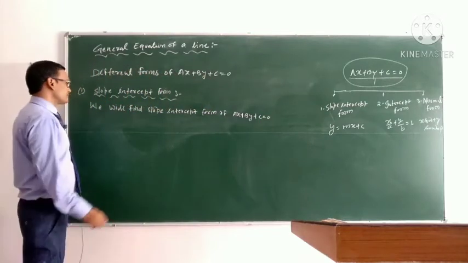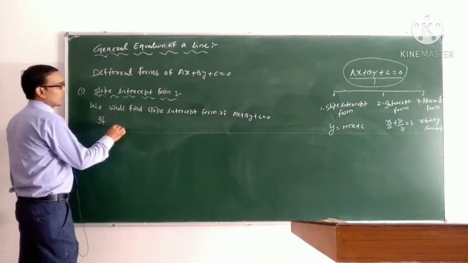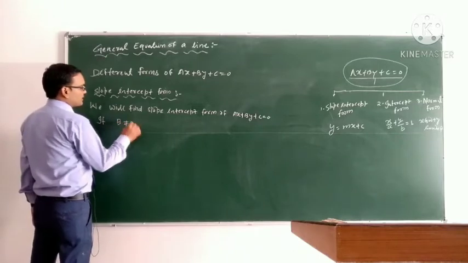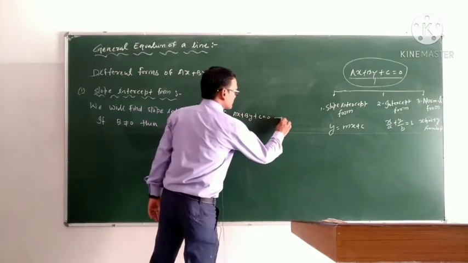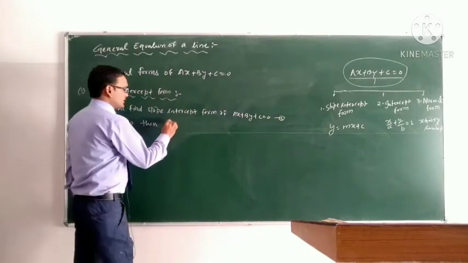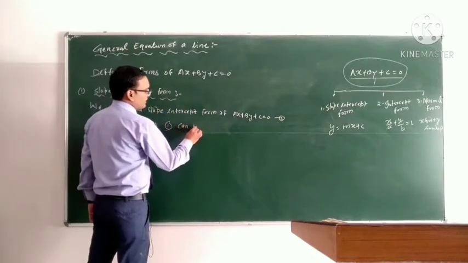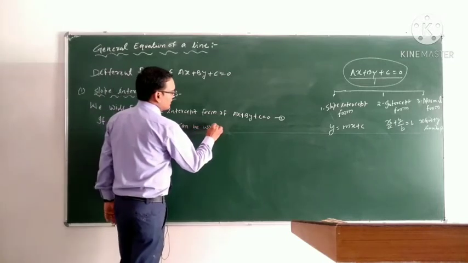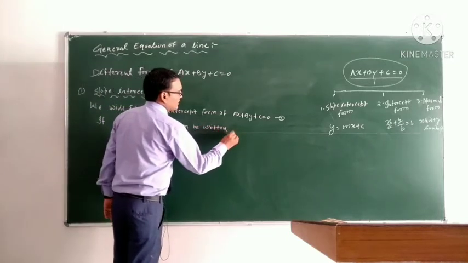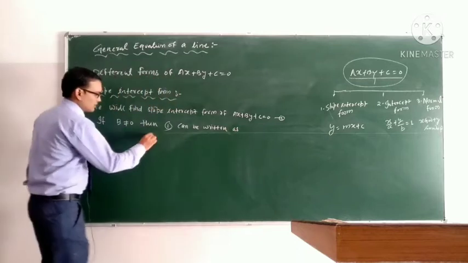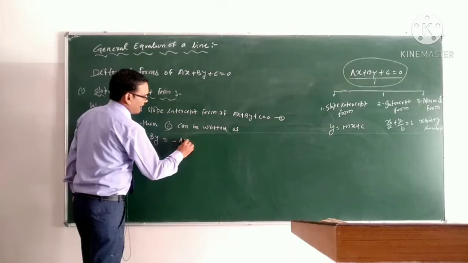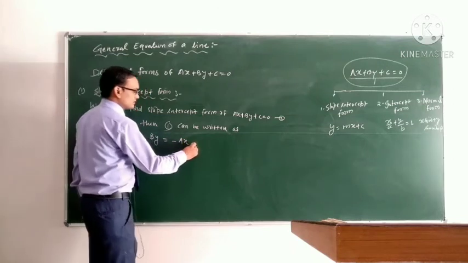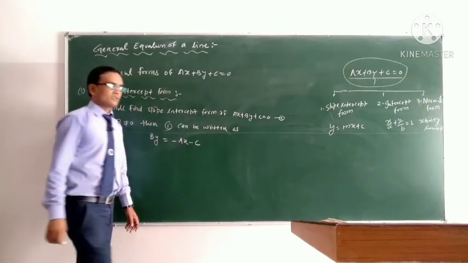Okay students, if b does not equal 0, then it can be written as by equal to minus ax minus c.